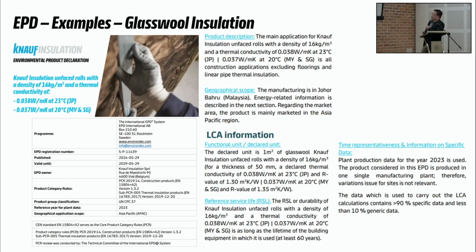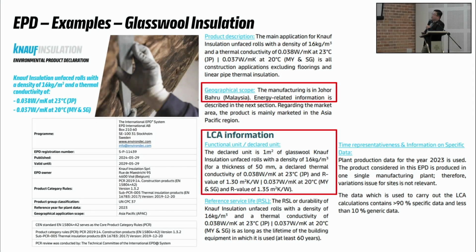Okay, when you first get it, first thing first is looking at where the product comes from. For example, in this case, geographical scope, the manufacturing is in Johor, Malaysia, right? And then next, what is it? The declared unit, what are we measuring? It says here, for this glass wool material, the declared unit is 1 square meter of glass wool with this kind of thickness, with this kind of performance.